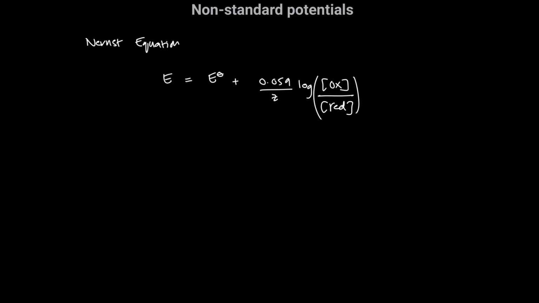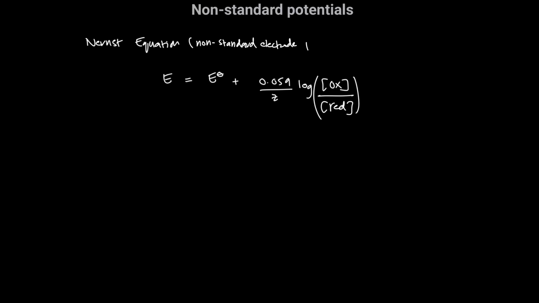Again, this equation may be given to you in some questions, in others it may not be, so you have to remember it. The Nernst equation is used to calculate non-standard electrode potentials.